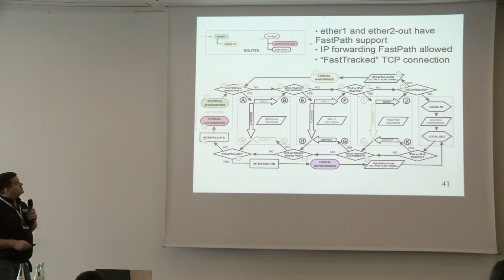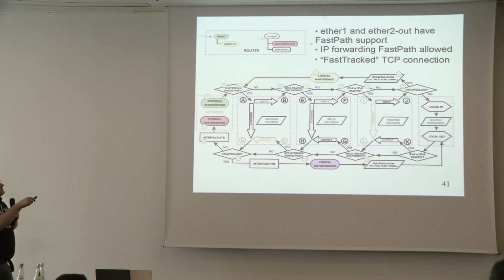And the last example, exactly the same setup, only the packet travels the other way around. So it arrives from PPPoE on ether1, and it leaves through the bridge port ether2. So we have ether1 and ether2 FastPath support. We have IP forwarding FastPath support, and we have a fast-tracked TCP connection.